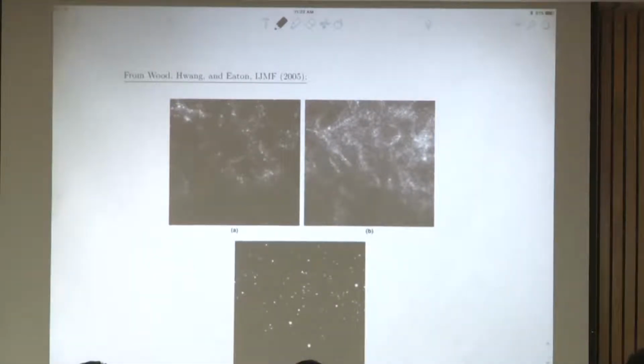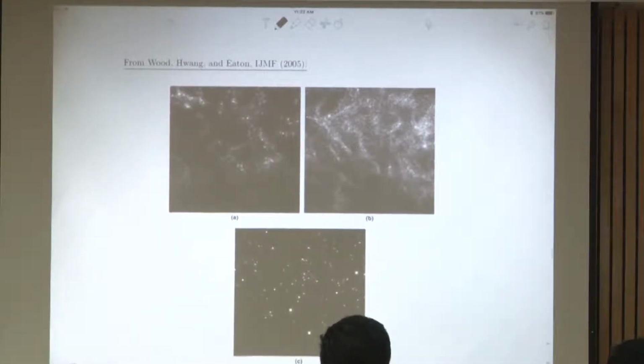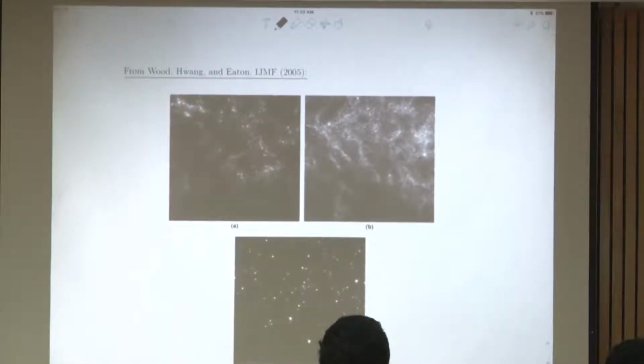So this is what I'm trying to illustrate with these images here, coming from John Eaton's group at Stanford. Pretty recently, this type of thing has been really figured out and quantified only in the past 10 years. So that's what we call preferential concentration. Let me make a point here. The essential point is the following.